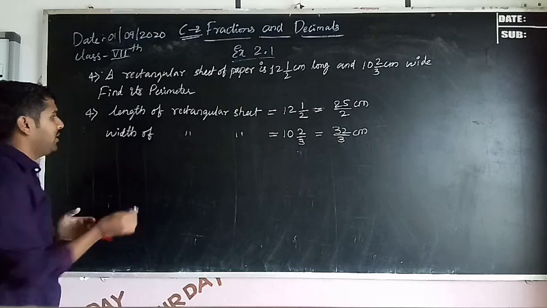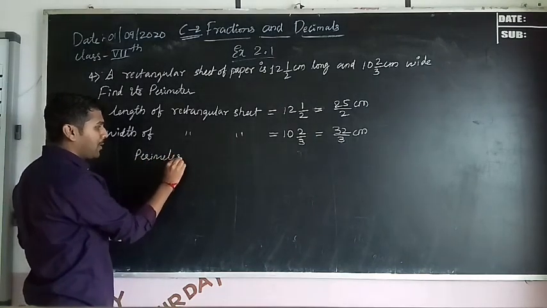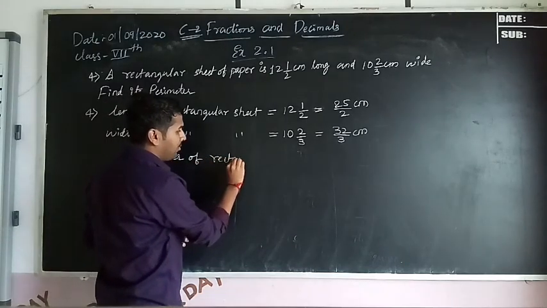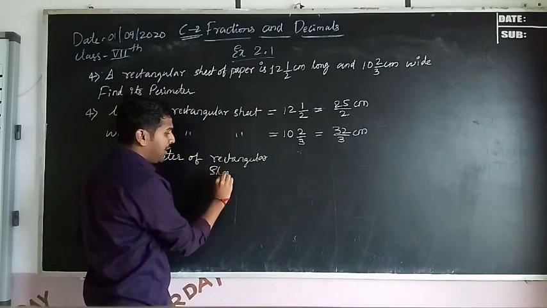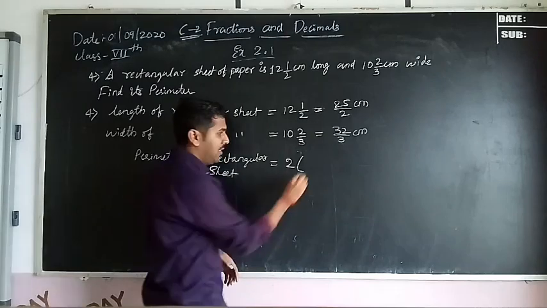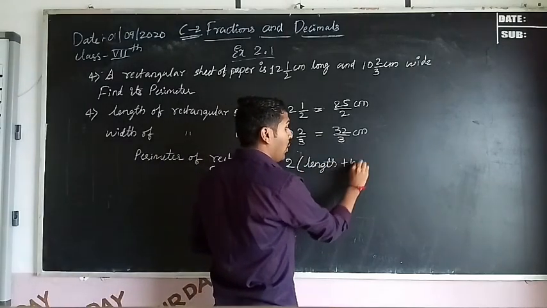So now perimeter of the rectangular sheet equals 2 times length plus width.